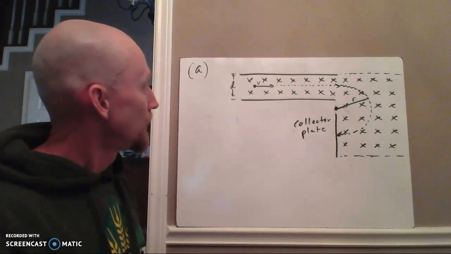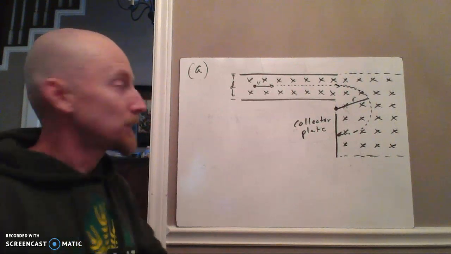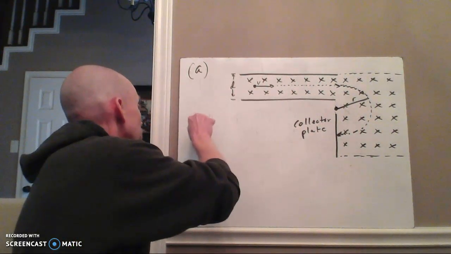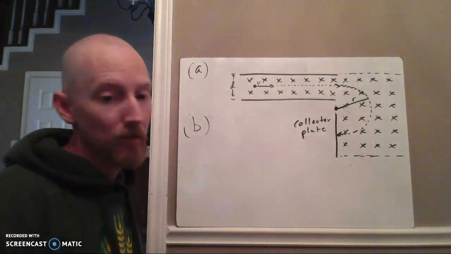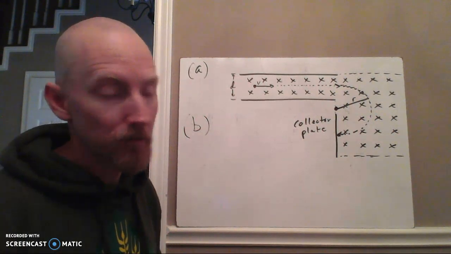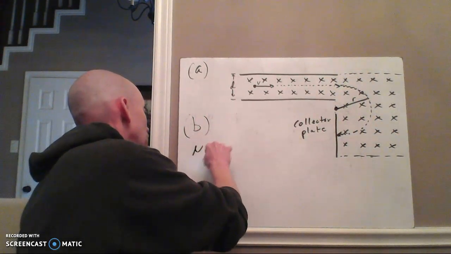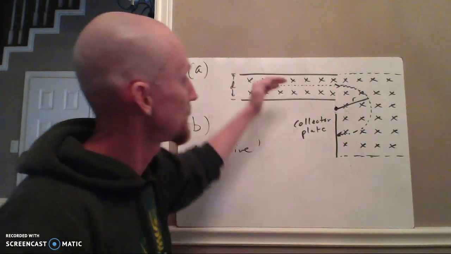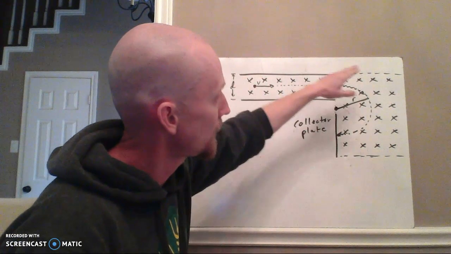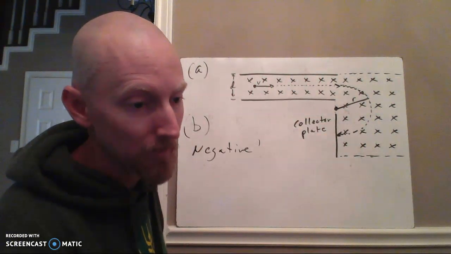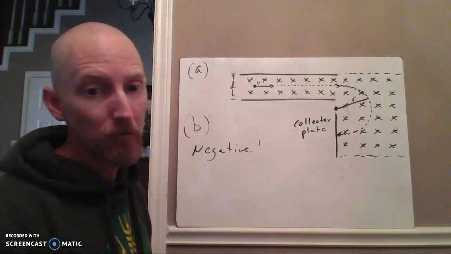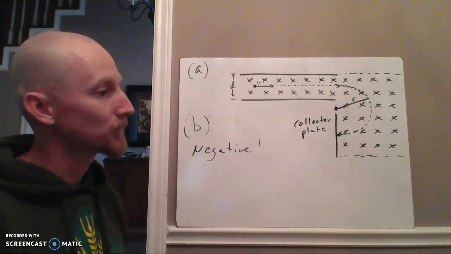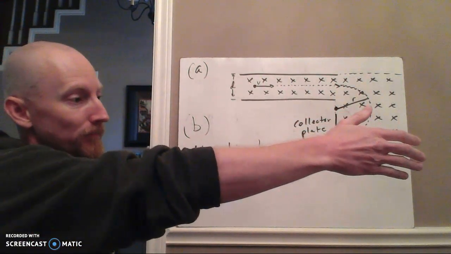Now, can we figure out in part B what kind of particle this is? The answer is yes. It is a negative particle. The reason I know that is when it comes out into this region, all you have is your magnetic field, and we can use the right-hand rule. It's going in that direction.